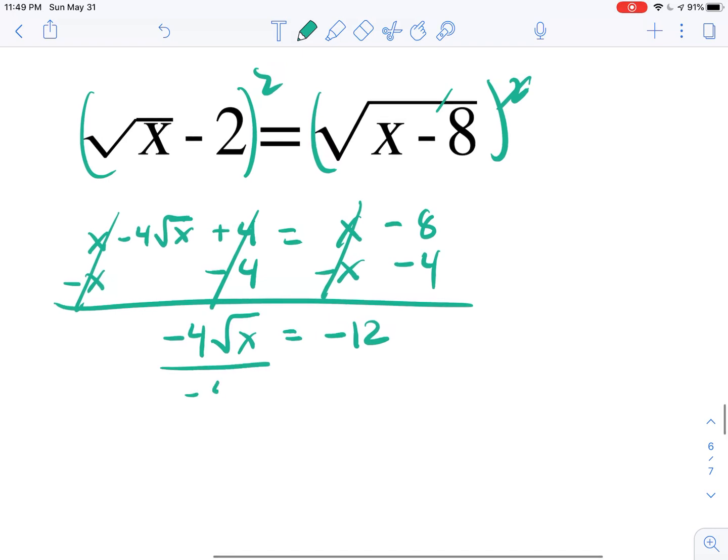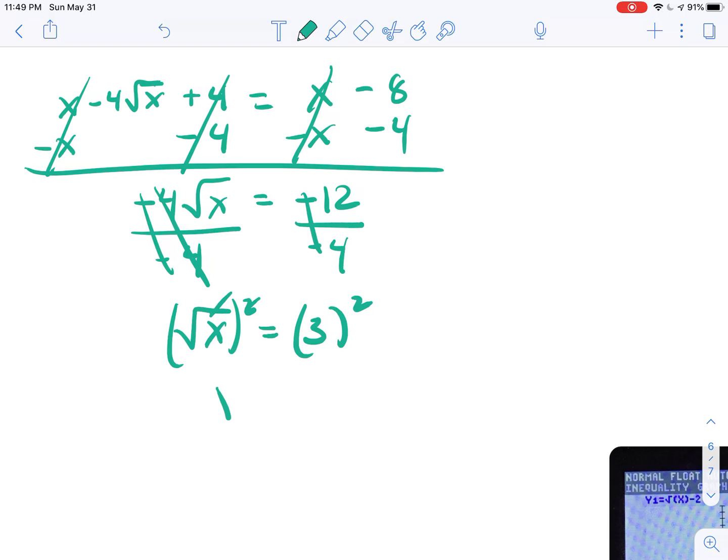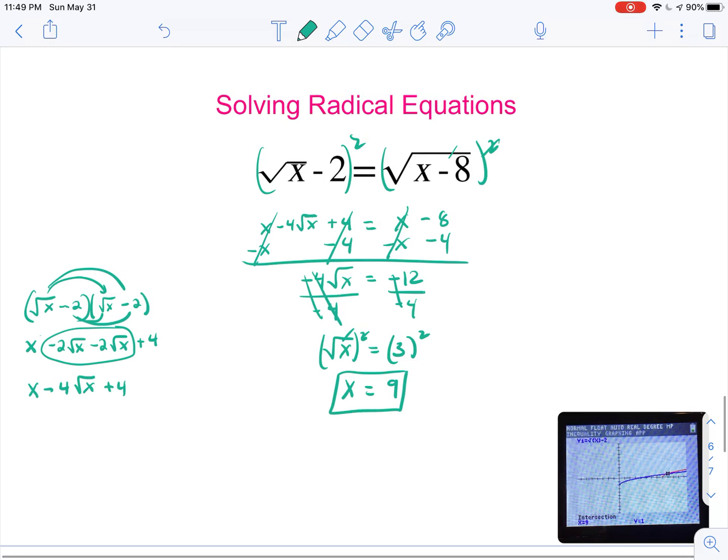Now, this negative 4 on the outside is a coefficient. I want to divide by that entire coefficient, including the sign, and I get 3. Now, my radical is isolated, so I square both sides. These two will cancel, and I get x is equal to 9, okay?